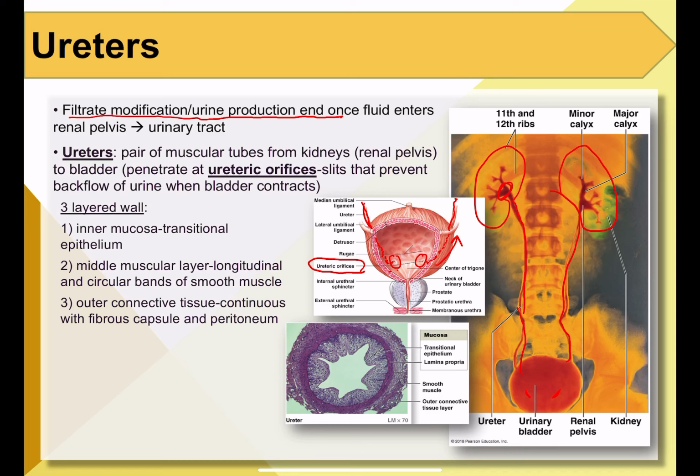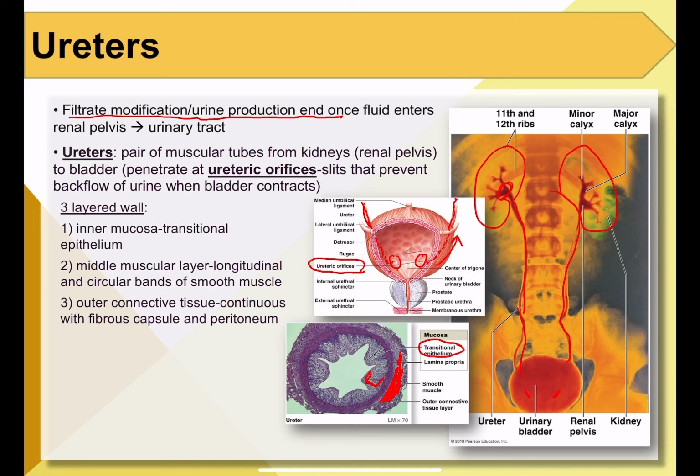Now for ureters, there are the three-layer walls again. You have your inner mucosa layer, which is this layer right here, and it's also transitional epithelium, just like your bladder. Then the middle muscular layer, which is the smooth muscle layer.